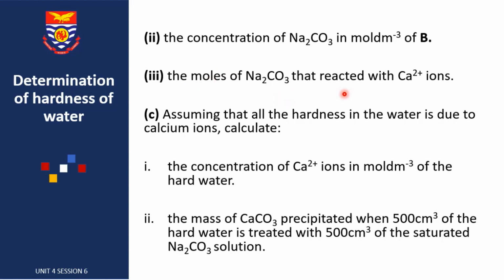And assuming that all the hardness in the water is due to calcium ions, calculate the concentration of calcium ions in mole per cubic decimeters. Here we'll write some equations and do some mole ratio, the same as what we are going to do here, the mass of the calcium carbonate.